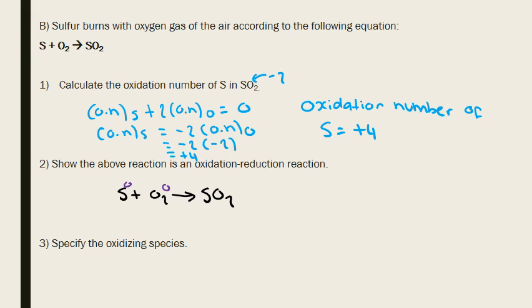Here we said it was +4, we just calculated it. And here for oxygen it's -2. So for sulfur, from 0 to +4, we have lost electrons.